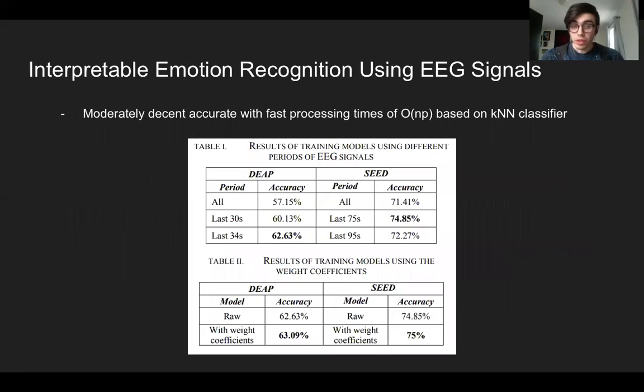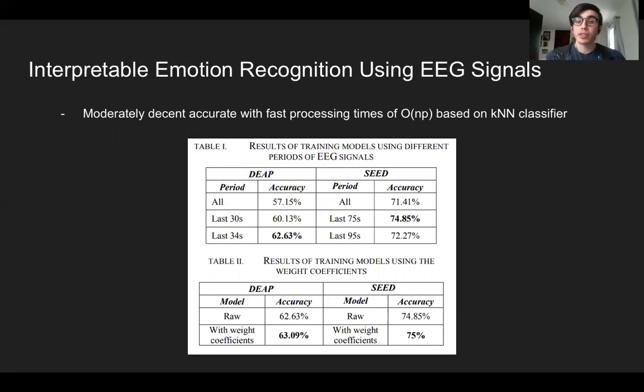So here are some results for us. Using the last 34 seconds for the DEAP data set, we achieved an accuracy of 62.63%. However, for SEED, using the last 75 seconds, we had an accuracy of 74.85%. Now, this was acquired not using the weight coefficient. When we do use the weight coefficient in this bottom table here, we see that accuracy increases.